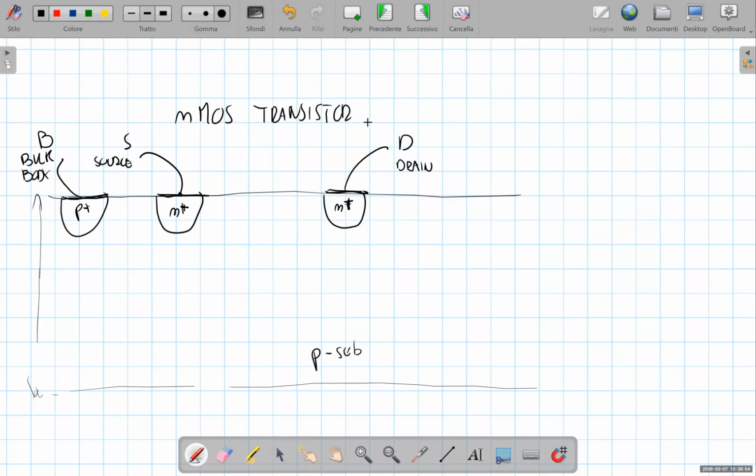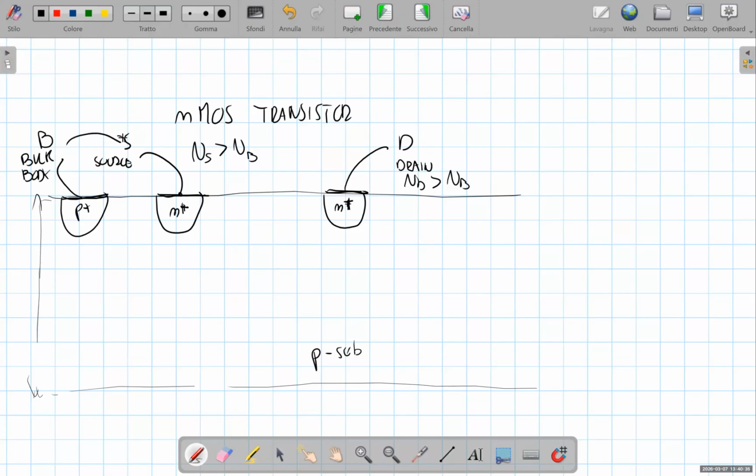In an NMOS transistor, the voltage of the substrate, which can be biased through the bulk or body contact, is chosen to be the lowest available voltage. So in particular, the voltage of the source and the voltage of the drain terminal are both larger than the voltage of the bulk.